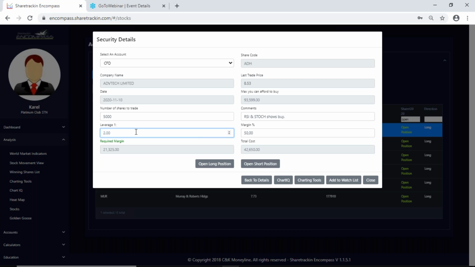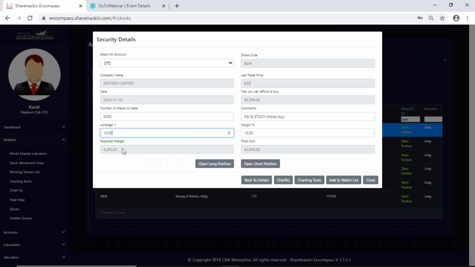So let's say here, we're going to make it a 1:10 ratio. Then my margin would be 10%. In other words, I'm paying 10% of the total cost. So if I look at my margin here, my margin is 4,265 Rand.